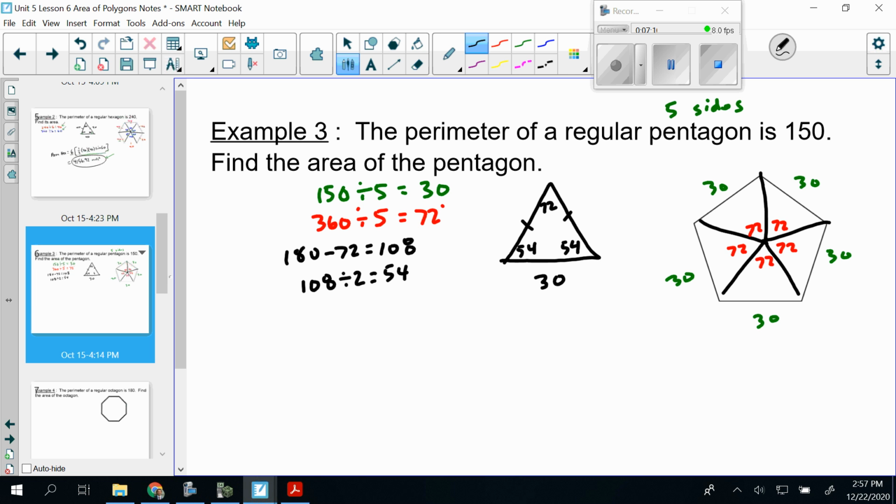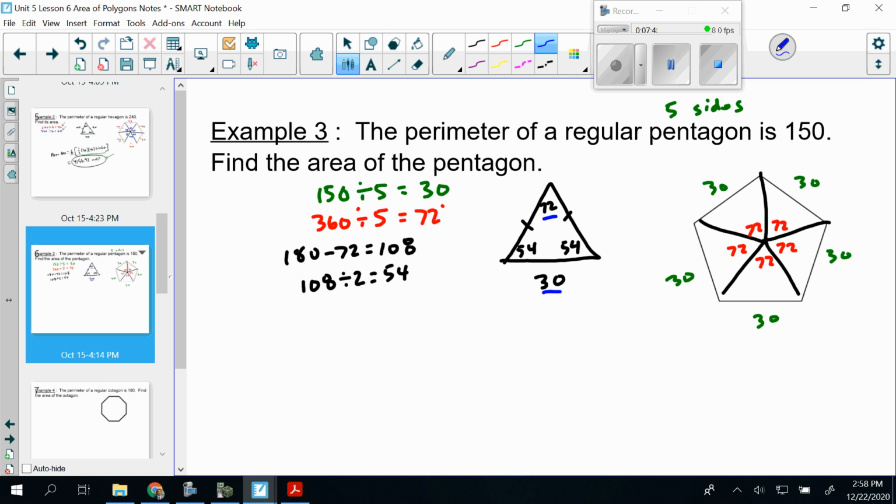Now we got to do a little bit more investigating on this one because we don't have those other two sides right now. And the last one was easy because it's equilateral. Here it's not, but we can solve for one of those two sides by doing law of sines, because we have two opposite pairs of side and angle here.